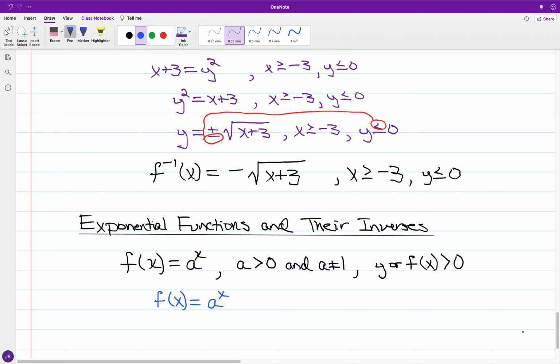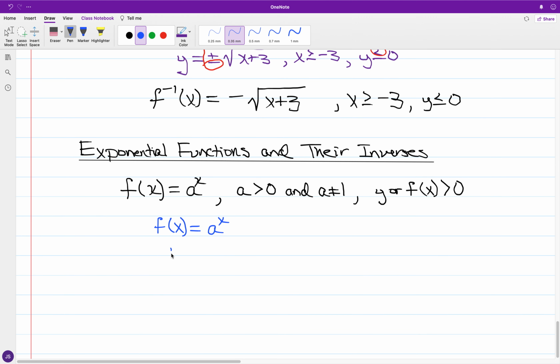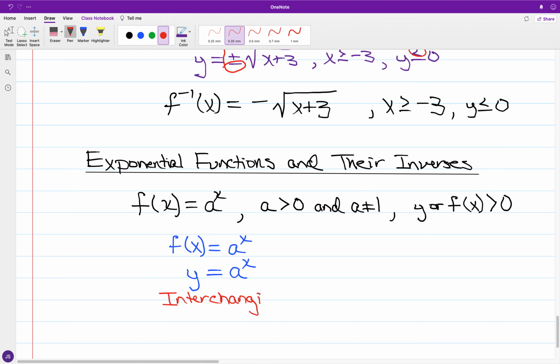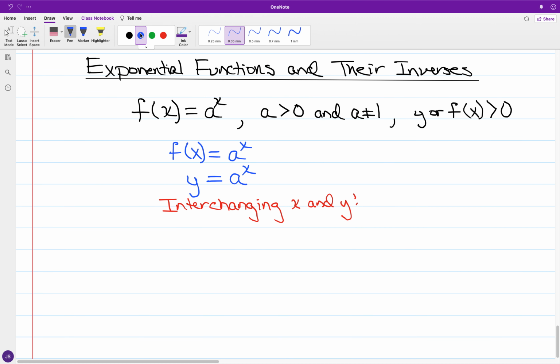we have f of x equal to a to the x, putting it in terms of y, so y is equal to a to the x. And looking at interchanging x and y, once again creating the path forward to finding the inverse, we have x is equal to a to the y.